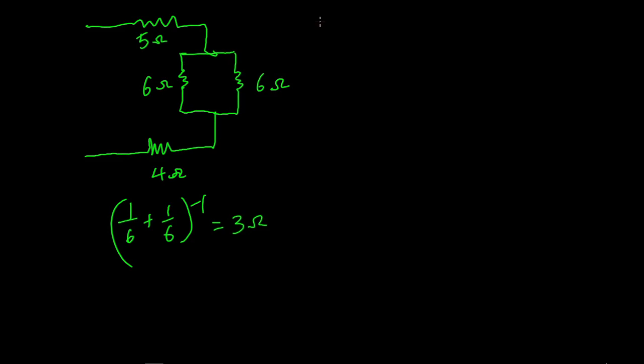So by redrawing, we have this to be the 5 ohms resistor. This one has a resultant resistor of 3 ohms, and this is going to be our 4 ohms resistor. Now these have formed a series circuit with 3 resistors.